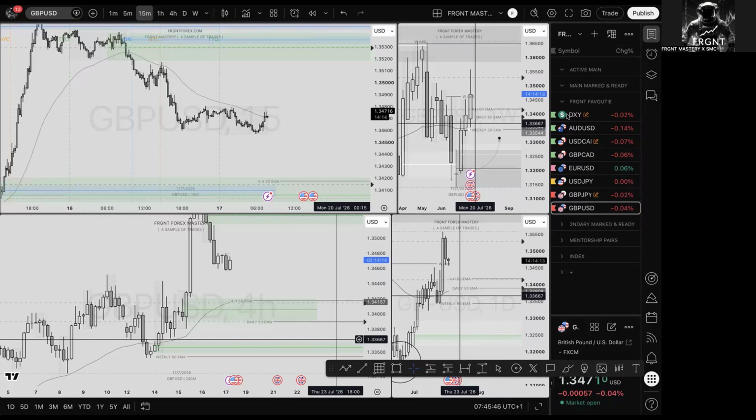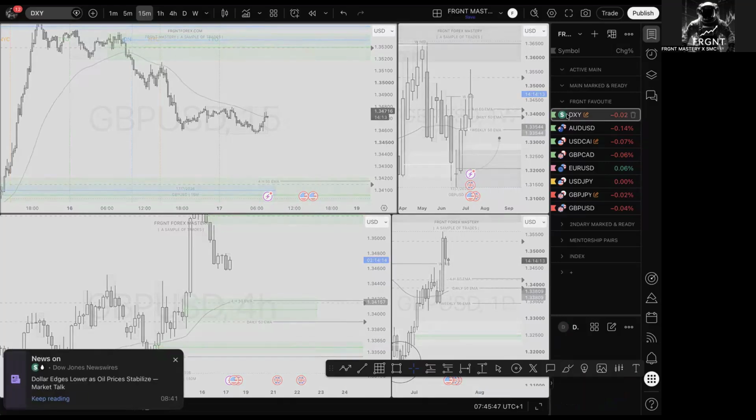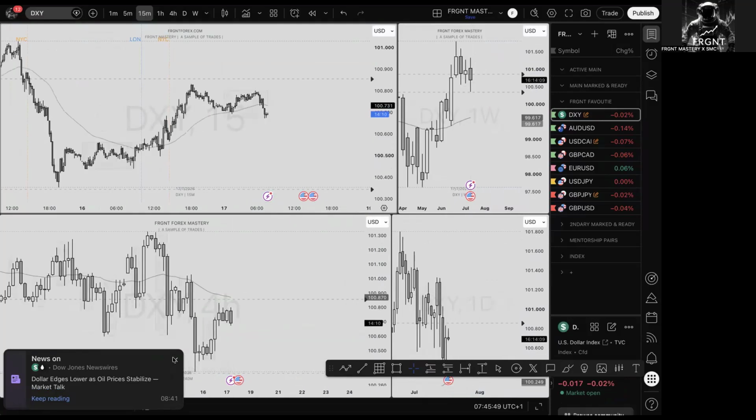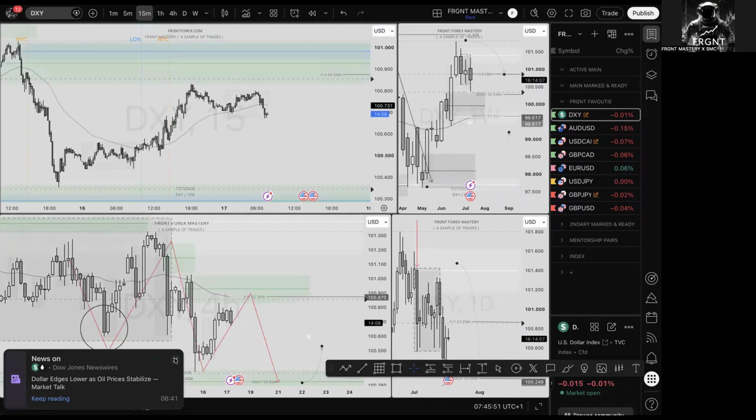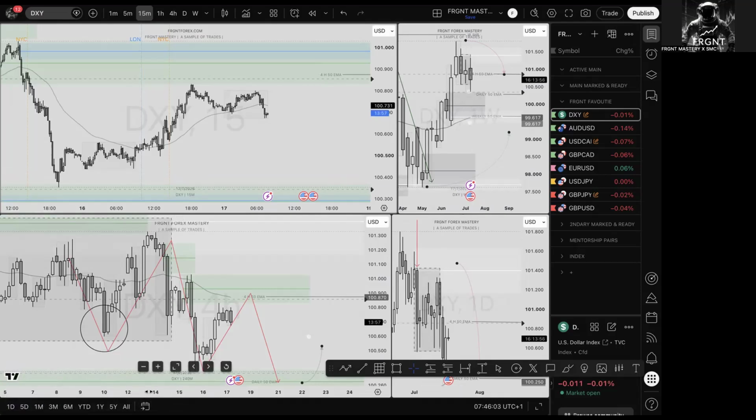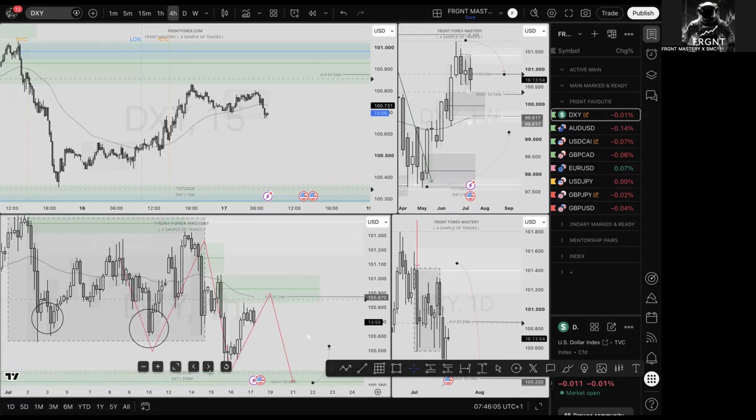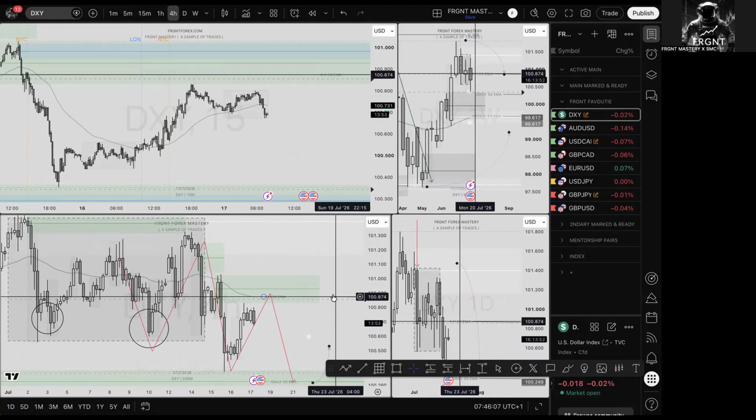So AUD US dollar. I hope you guys managed to capitalize on that beautiful textbook Asia range short yesterday. And if you are able to, rewatch a couple of the videos that I put out overviewing that strategy, and really how you shouldn't let it affect your psyche if you take a loss on a position.